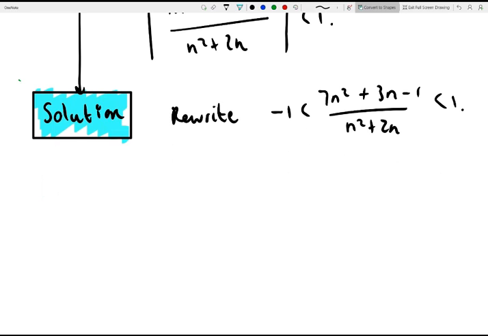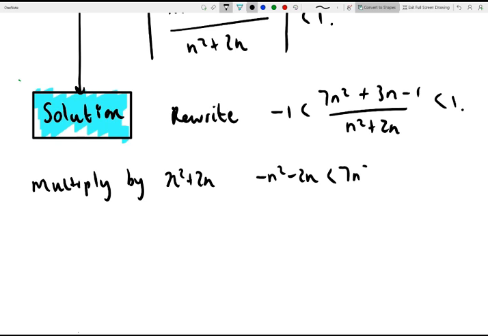So we multiply by the denominator here, n squared plus 2n, so we're going to have minus n squared minus 2n is less than 7n squared plus 3n minus 1 is less than n squared plus 2n.